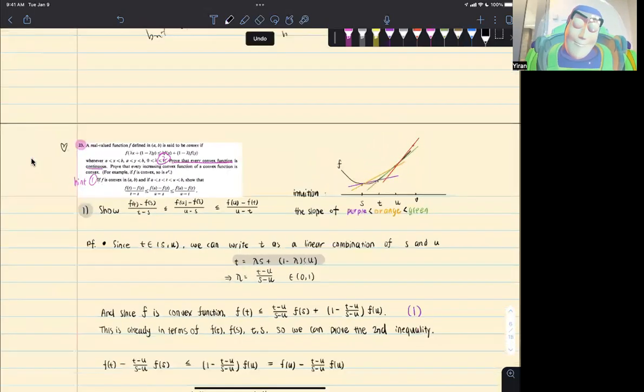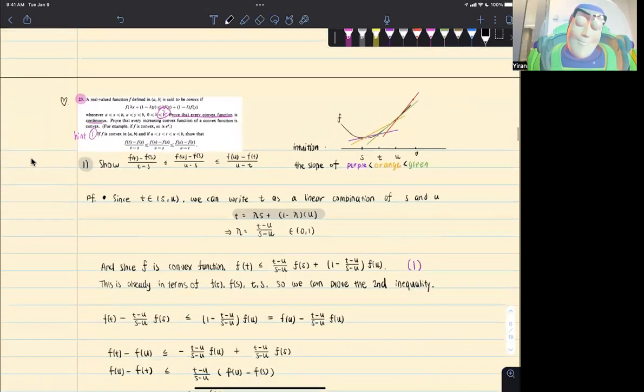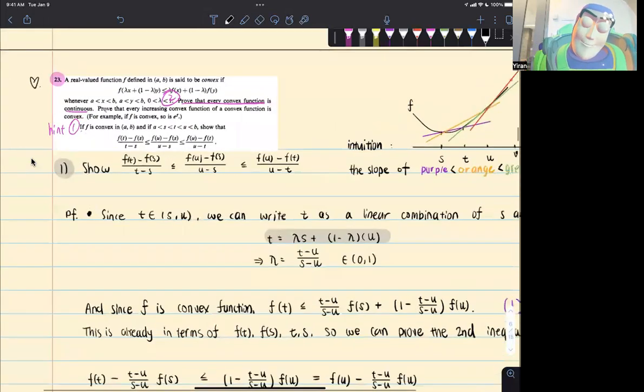And once you know the trick, it is pretty simple, I would say, just the algebra stuff. So I will tell you the trick, and then you can work by yourself. Okay, so the trick is, we have those points, right? Notice that T is the middle point between S and U. So what does that mean?